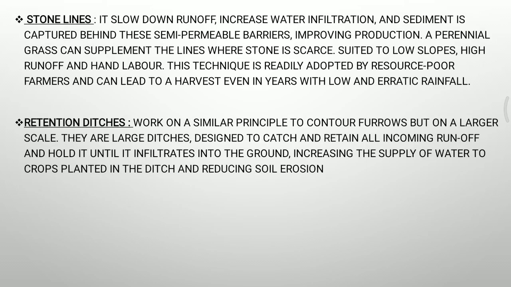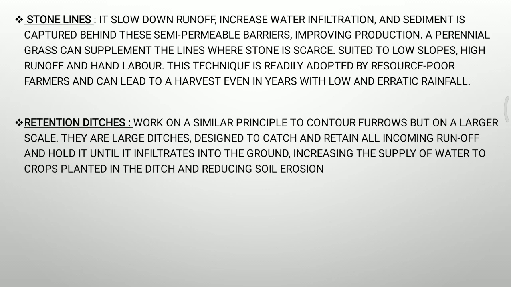Next, stone lines. It slows down runoff, increases water filtration, and sediment is captured behind semi-permeable barriers, improving production. So stone lines is nothing but, as we do the farming, big rocks are taken and placed and made into a compound-like structure, so that the water will not go in the other direction which is not required.